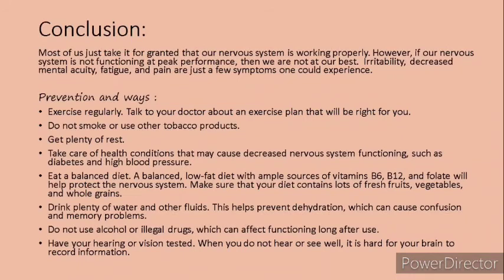So there are some ways of prevention: we can exercise regularly, talk to your doctor about an exercise plan that will be right for you, and do not smoke or use other tobacco products. Get plenty of rest, take care of health conditions that may cause decreased nervous system functioning, and eat a balanced diet.